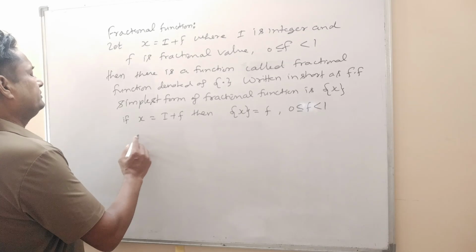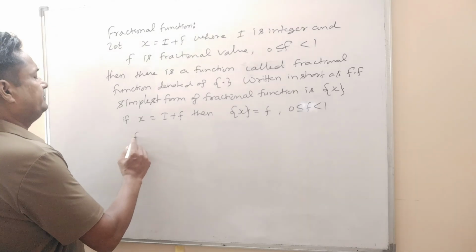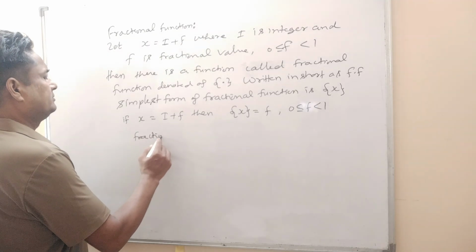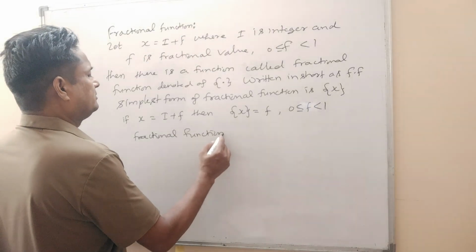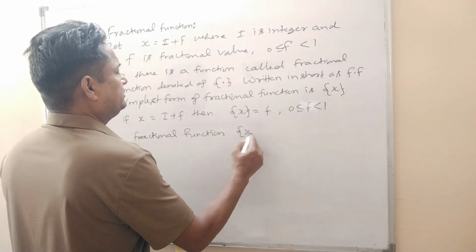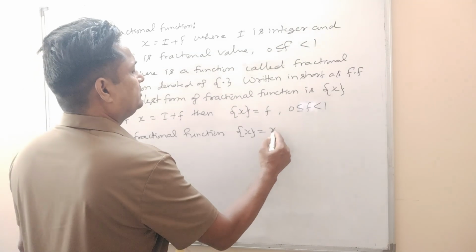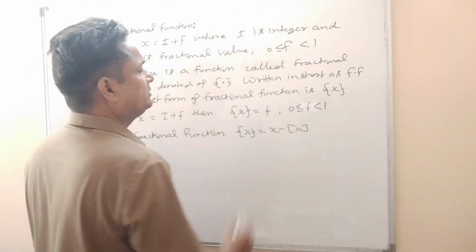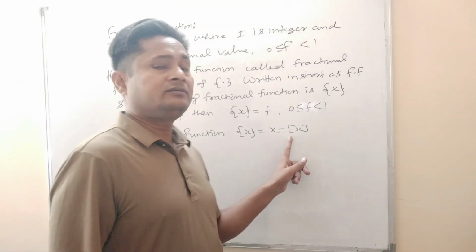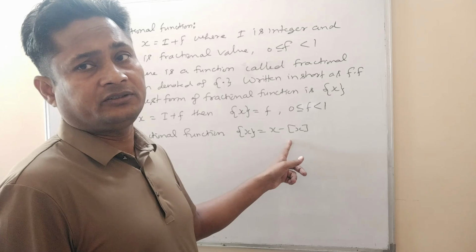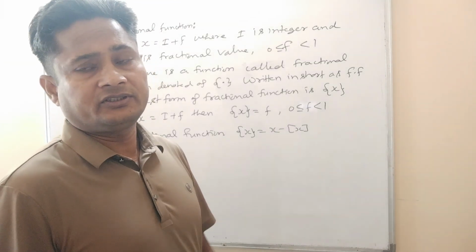Fractional function is equal to x minus greatest integer x. The value of fractional function can always be written like this, x minus greatest integer x.